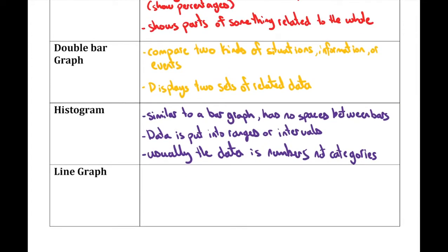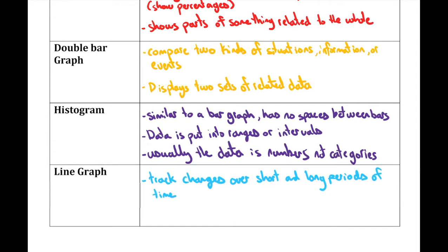Finally, looking at the line graph, a line graph is best used to track changes over short and long periods of time. Again, we can use bar graphs for that as well.